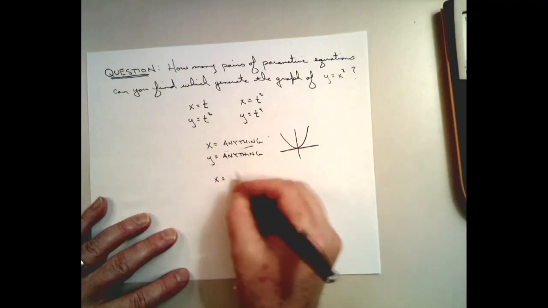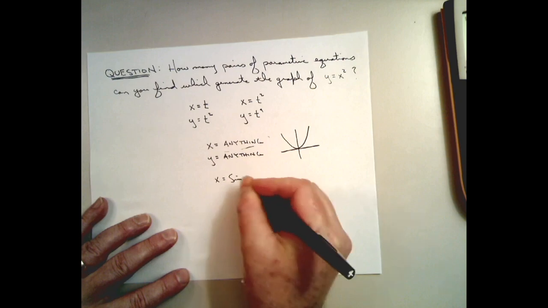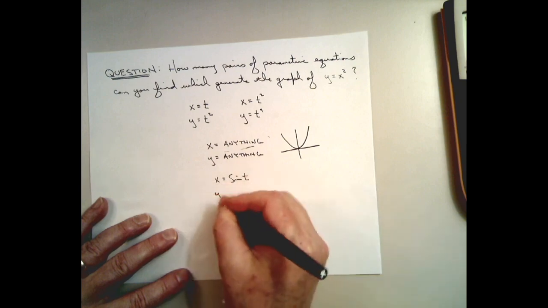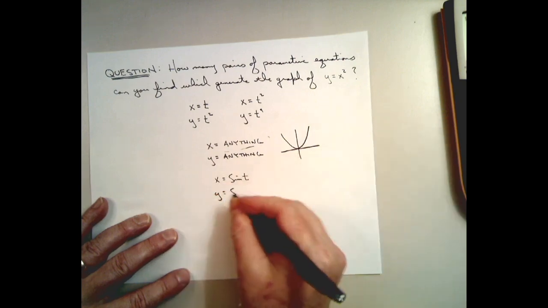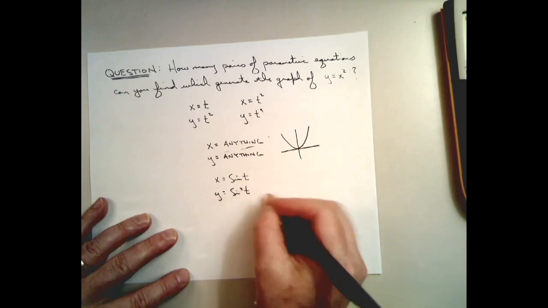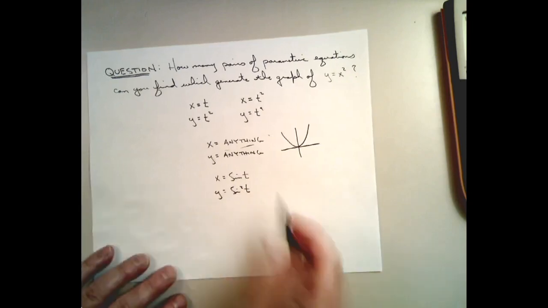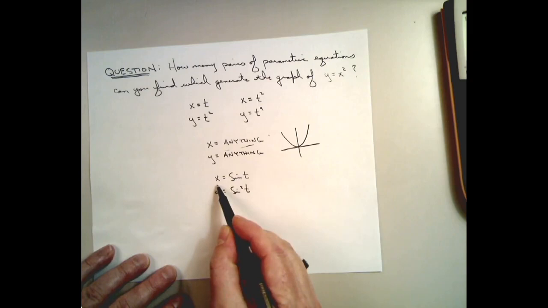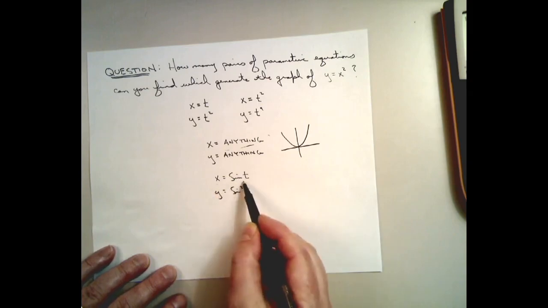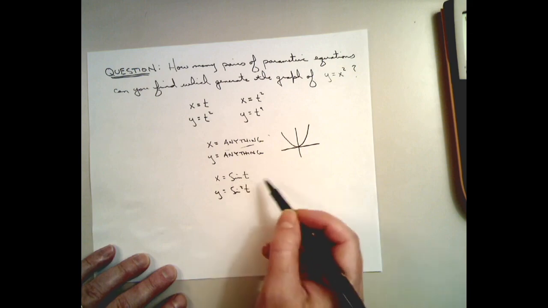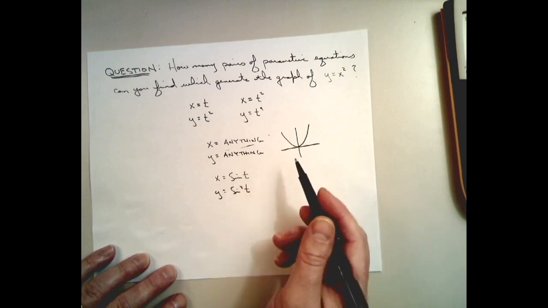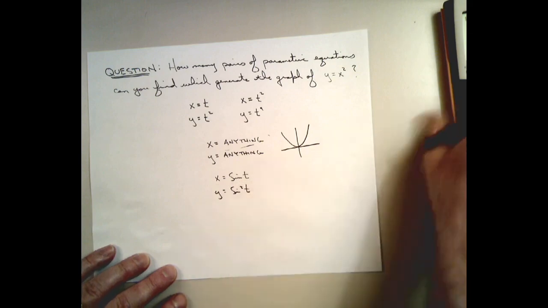This is an interesting one. What if we let x be sine of t? Then y would be sine squared of t. What's going to happen this time? What values of x can we get from sine t? Well, sine t takes on values between negative 1 and 1. That's it.